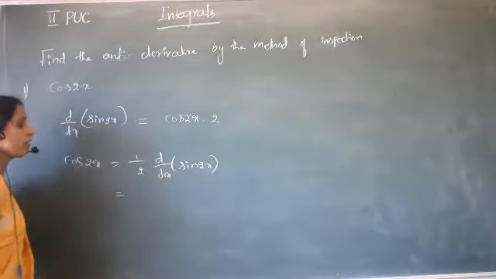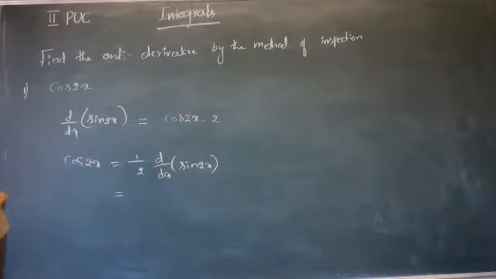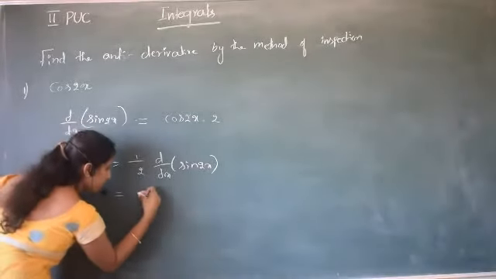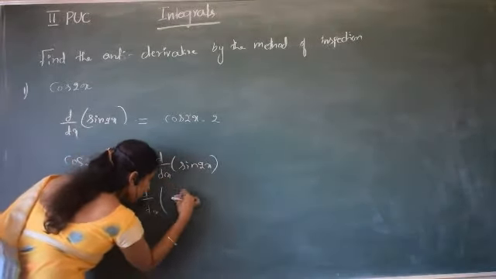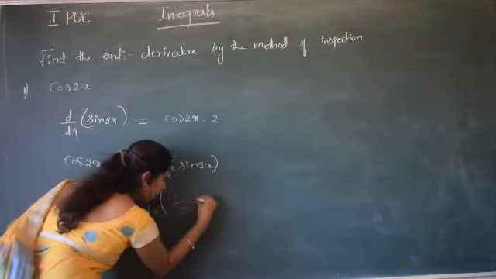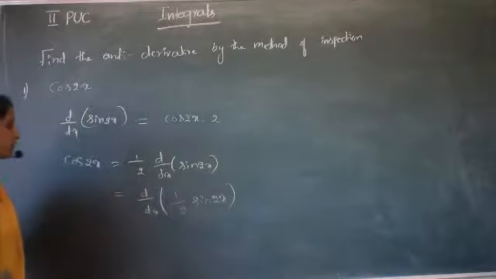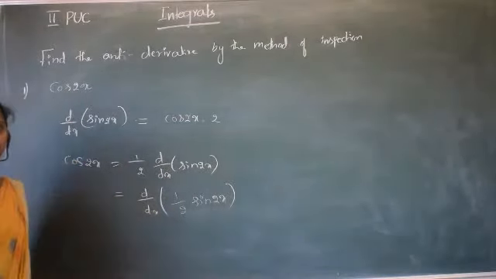We know that the derivative of a constant into a function is the constant into the derivative of the function. Therefore cos 2x is the derivative of half into sin 2x.